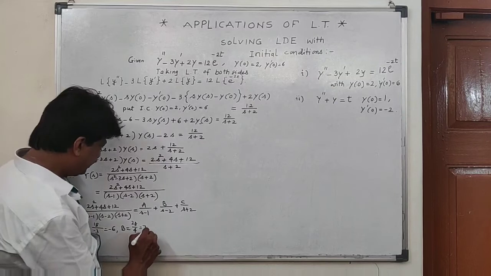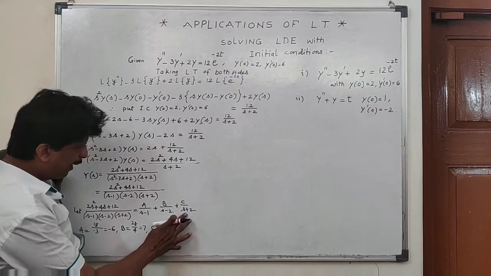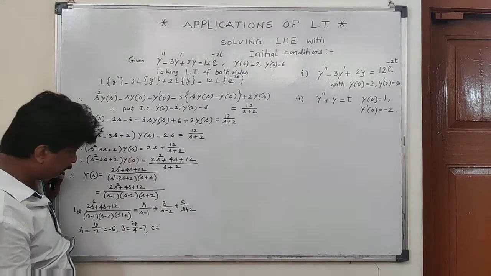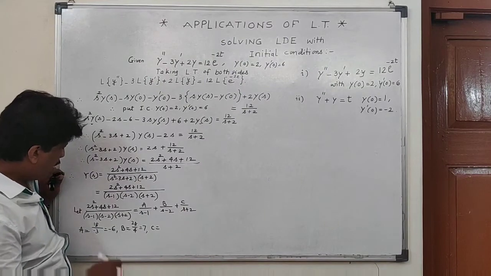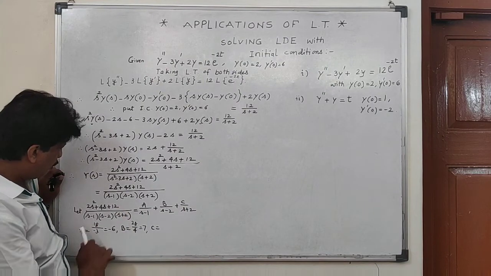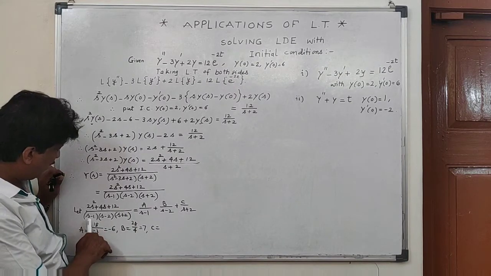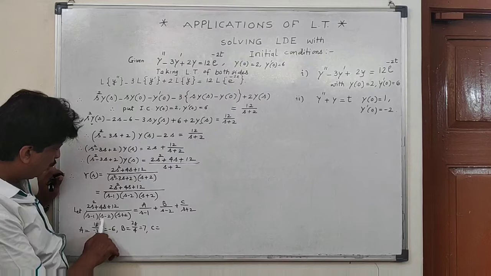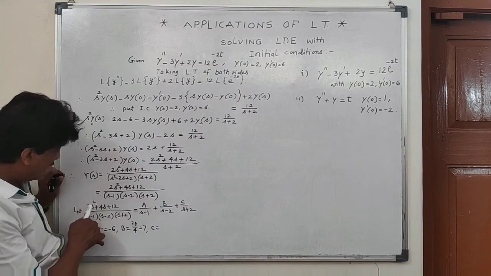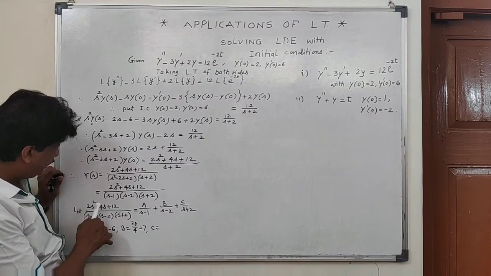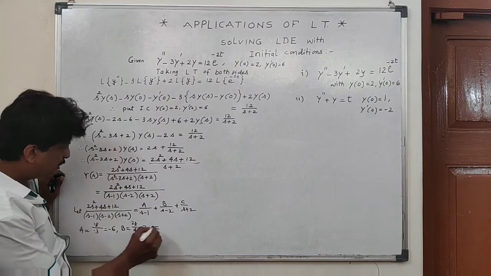So b is 7. And c is the limit s tends to minus 2. Cover up this factor: minus 2 minus 1 is minus 3, minus 2 minus 2 is minus 4, so minus 3 into minus 4 is 12. Now the numerator: minus 2 square is 4, 2 fours are 8, minus 8 is 0, so 12 by 12 is 1.